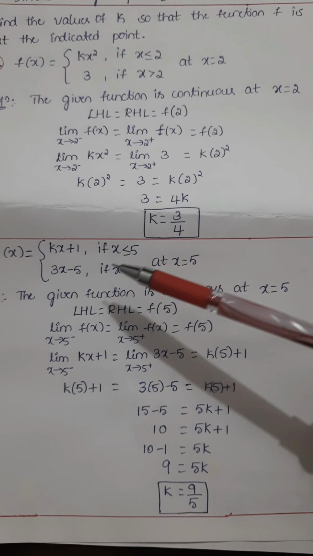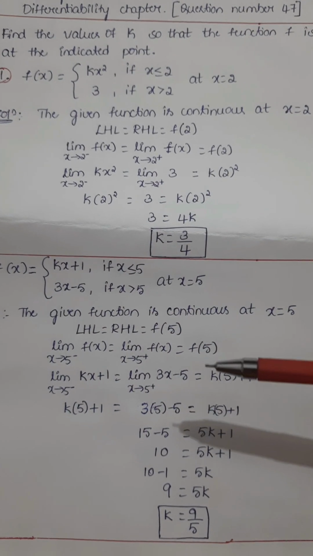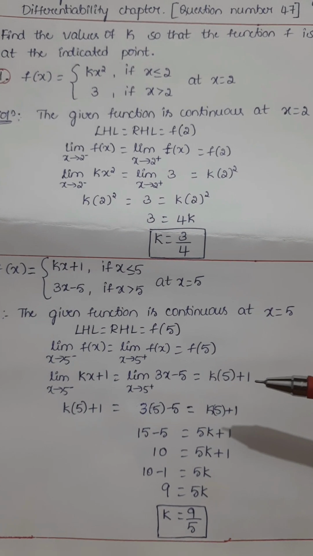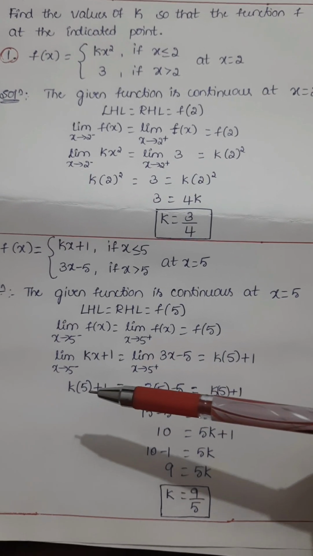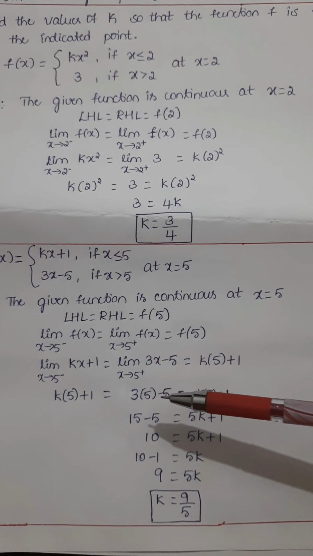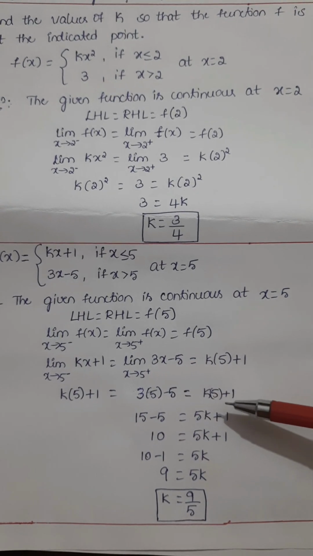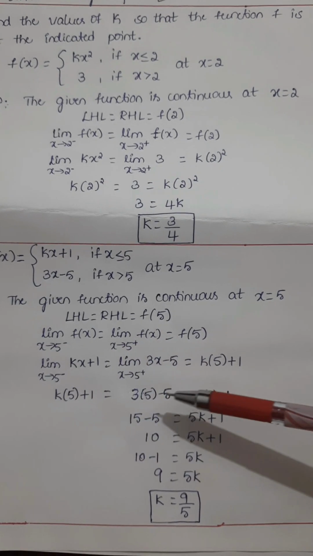Equal to f of 5, where the function is kx plus 1. What is x here? 5. So k of 5 plus 1. Next apply the limit. k of 5 plus 1 is equal to 3 of 5 minus 5 is equal to k of 5 plus 1. Here in the place of x we have applied the limit.